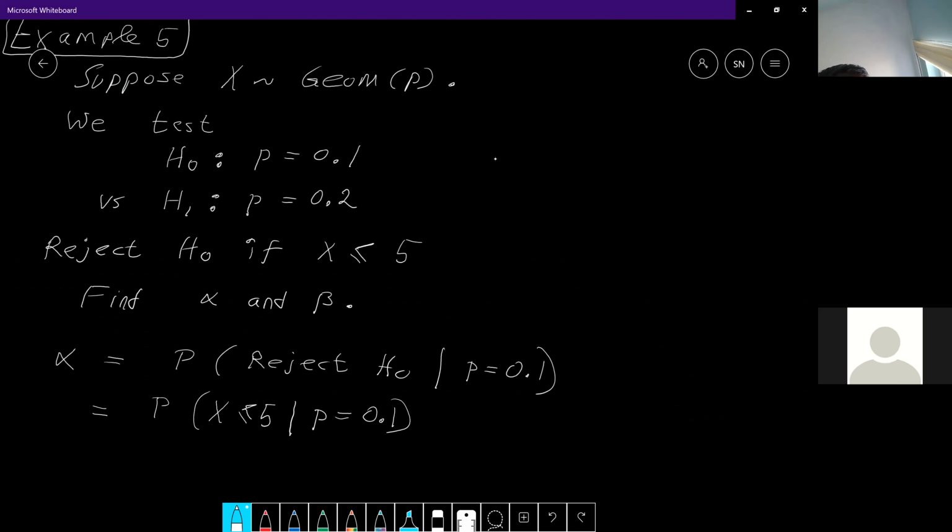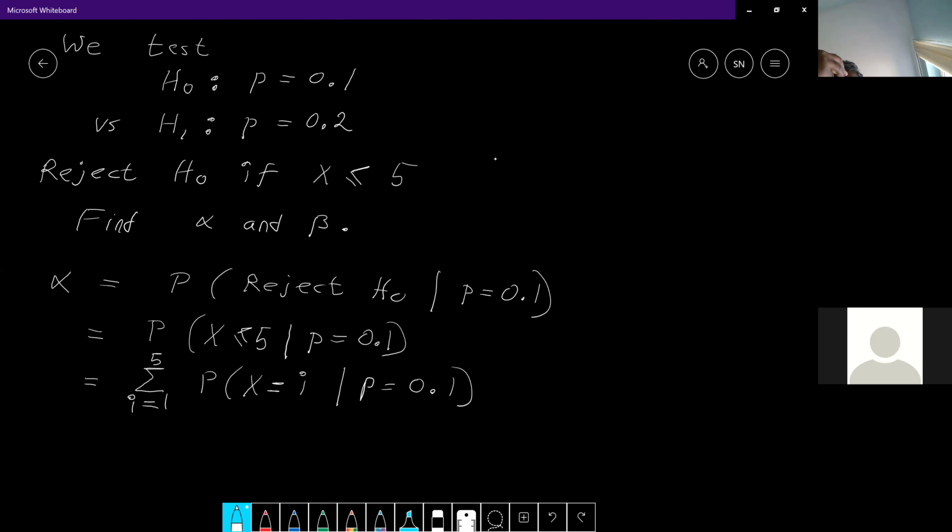Okay, guys, remember the geometric variable takes values 1, 2, 3 up to infinity. So if X is less than or equal to 5, then it can take the values from 1 to 5, when P equal to 0.1.